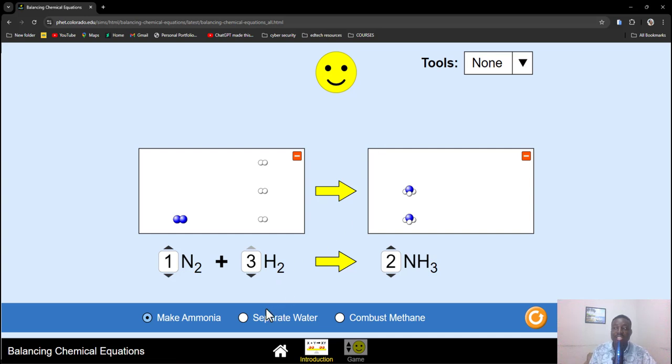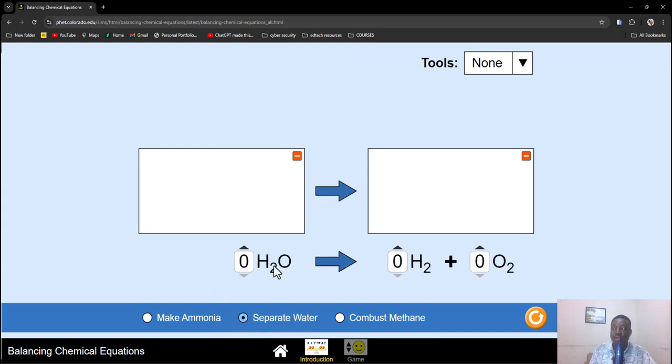Yeah. So let's try something with water. So separate water, where we have our product to be water, H2O, and our reactants to be hydrogen gas and oxygen gas. Now you can see here we have hydrogen 2 here and we have oxygen 2 here. Now how do we balance this?